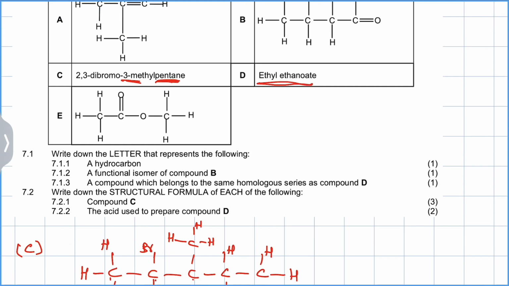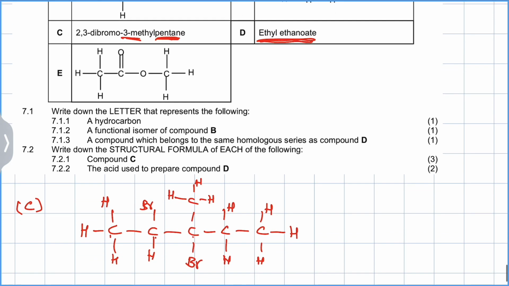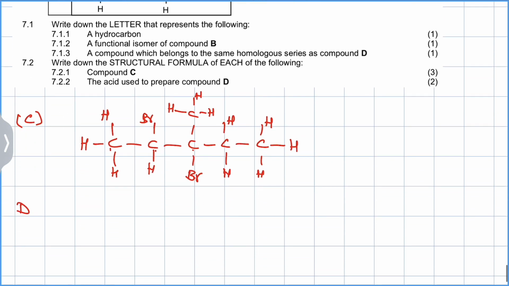And then structure D, we're given ethyl ethanoate. That one is an ester. So we're just going to draw that one again. D, ethyl ethanoate.